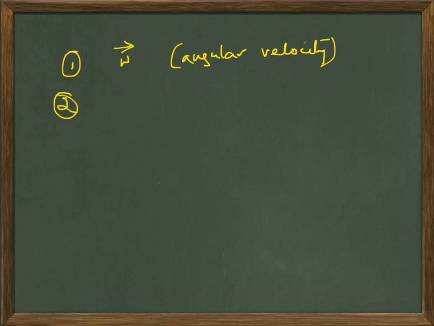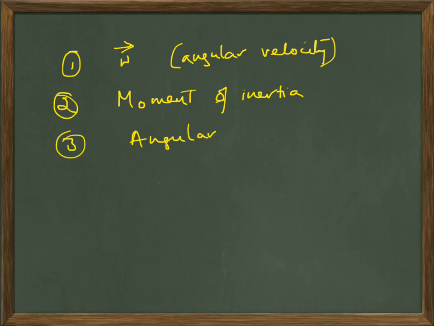Then I will also talk about moment of inertia. This is one separate topic on its own, which will take a lot of time. Then we must talk about angular momentum and torque, which is a separate topic on its own. There are many complicated issues with angular momentum.